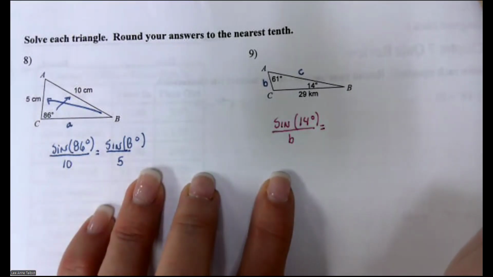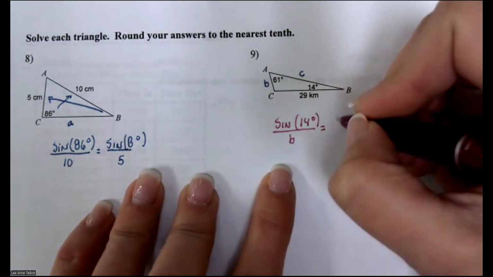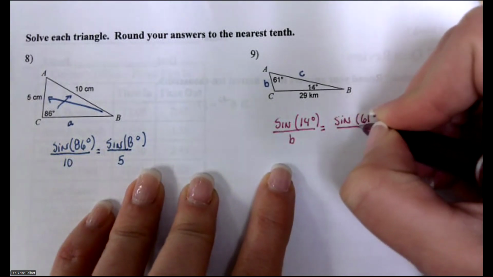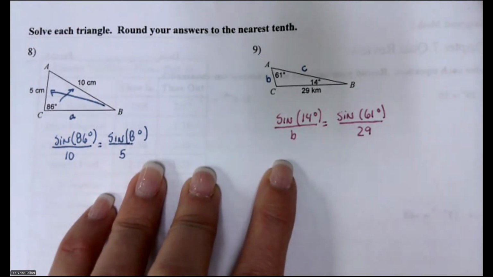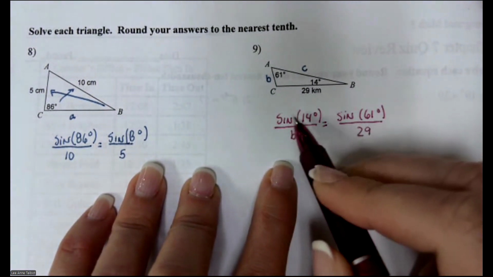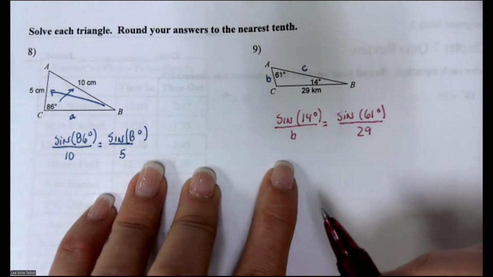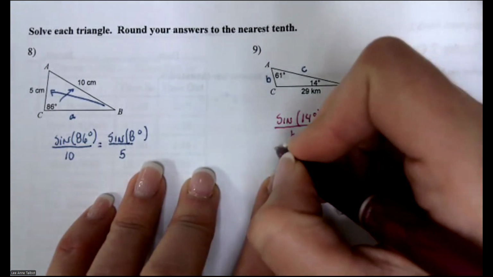And then do you see another angle and side that are across from each other? Beautiful. Sine 61 over 29. So sine of the angle over the side across equals sine of the angle over the side across. Cross multiply.